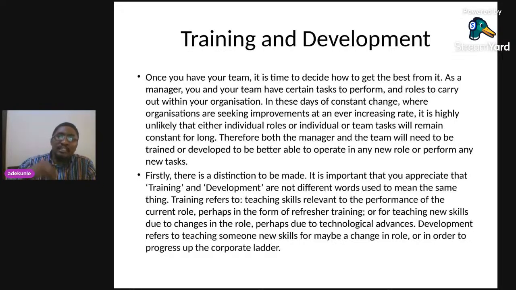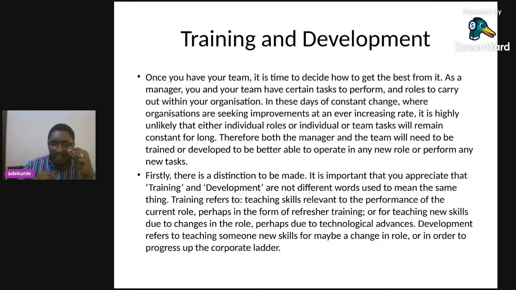And because the changes are constant within the organization's environment, there's a need for ever increasing and constant training and retraining of individuals or teams within an organization. So managers, leaders or heads of organizations will need to be trained to better operate in any new role or perform any new task.